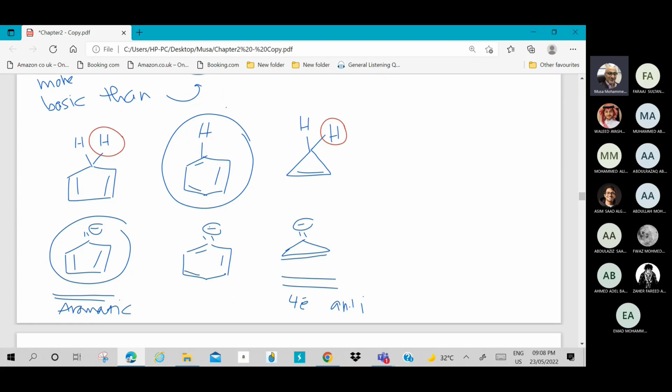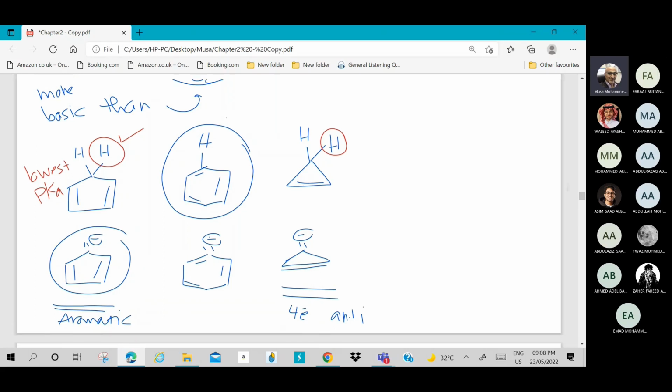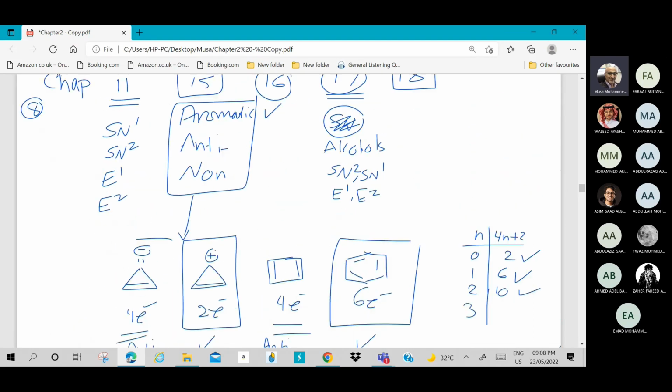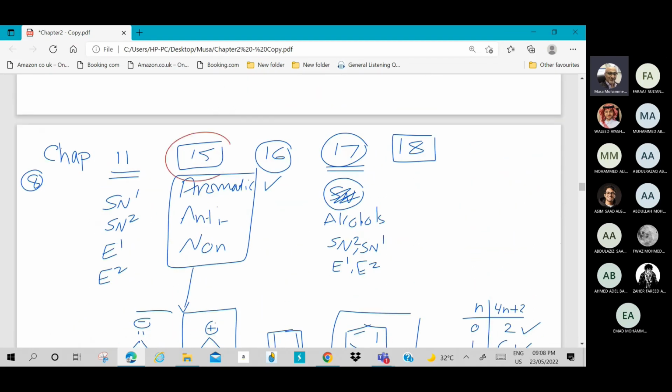Of course, removal of this proton will be easier because you are forming an aromatic compound. So this means you will say that this one has the lowest pKa. Lowest pKa means the most acidic proton. It's easy to form the carbanion. So all these ideas are for chapter 15.